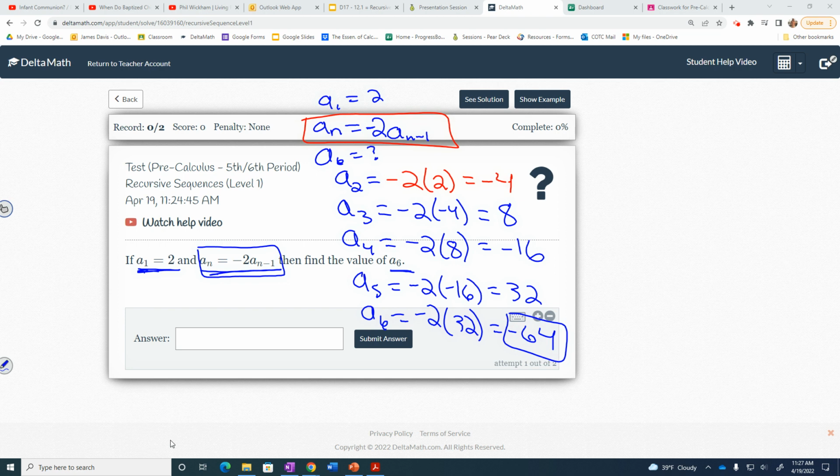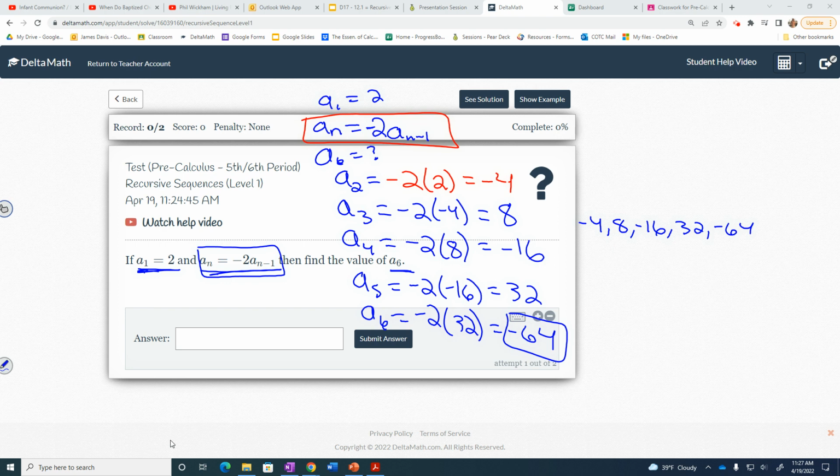So if we were to write this out as a sequence, it would look like this: negative 4, positive 8, negative 16, positive 32, negative 64. On Delta Math, I'm not going to have you type or write out everything, but you have to do it in order to get to this term. So then you would just type in negative 64. That would be the value of this term. Each term depends on your answer for the previous one.